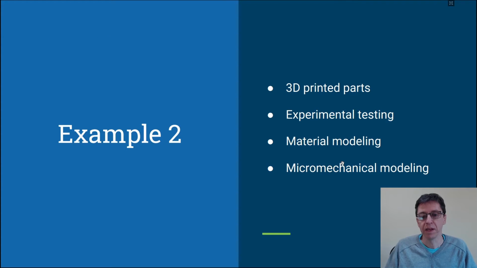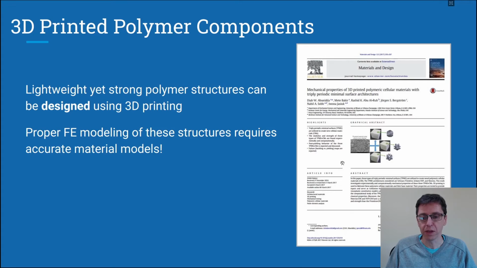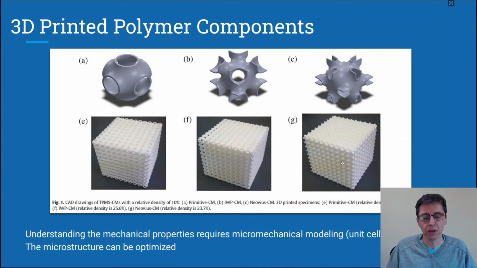Second example. These days, a lot of people are very excited about 3D printing, 3D printed materials and parts, and trying to optimize the shape and design of these types of products and components. To do that, you clearly need to have a good understanding of the geometry you print, but you also need to understand the nonlinear response of the matrix material itself.